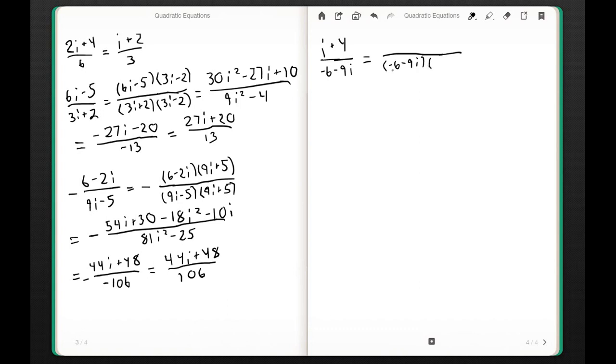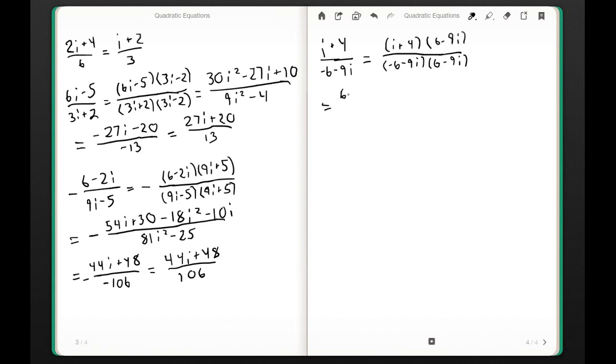So we multiply by the conjugate: instead of negative 6, it will be plus 6, and a negative 9i. So now we just take the numerator and we multiply it by 6 minus 9i. And we're going to do some simplifying.